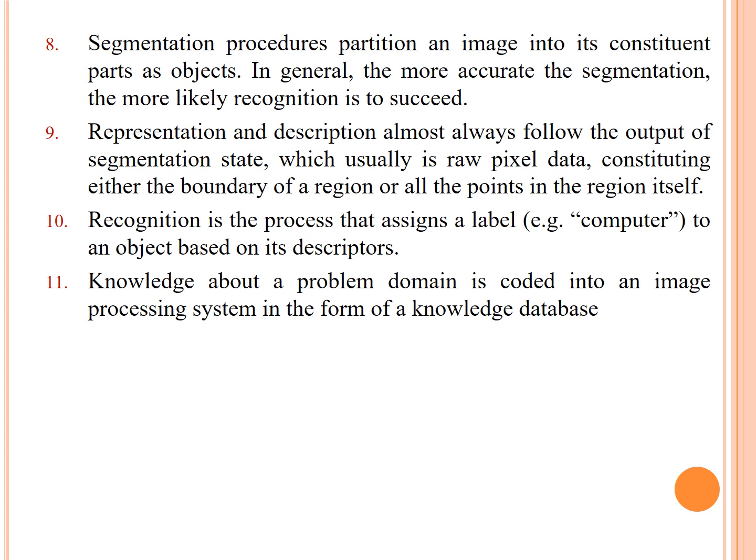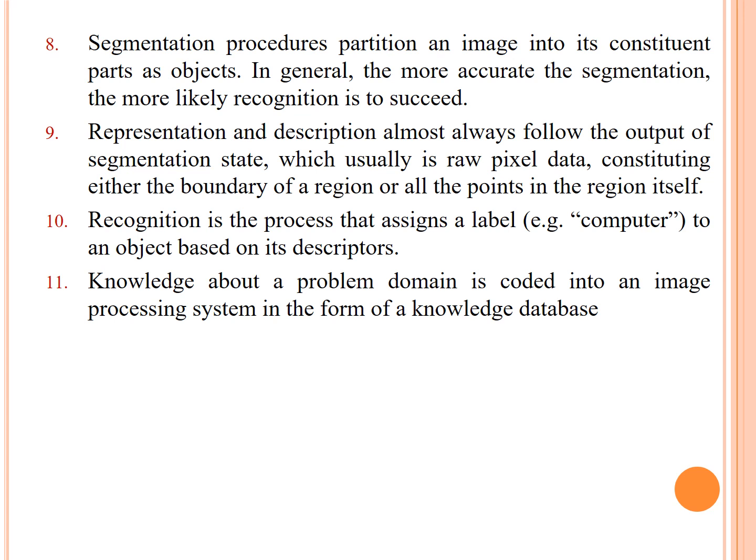Weak or erratic segmentation algorithms almost always guarantee eventual failure. In general, the more accurate the segmentation, the more likely recognition is to succeed. Next step is representation and description.